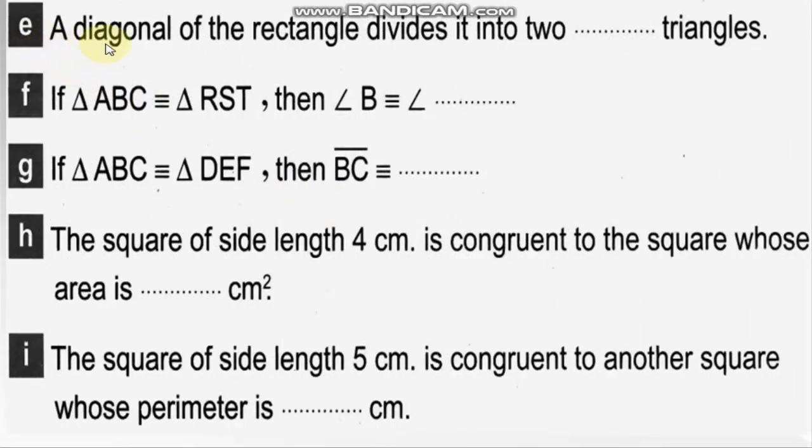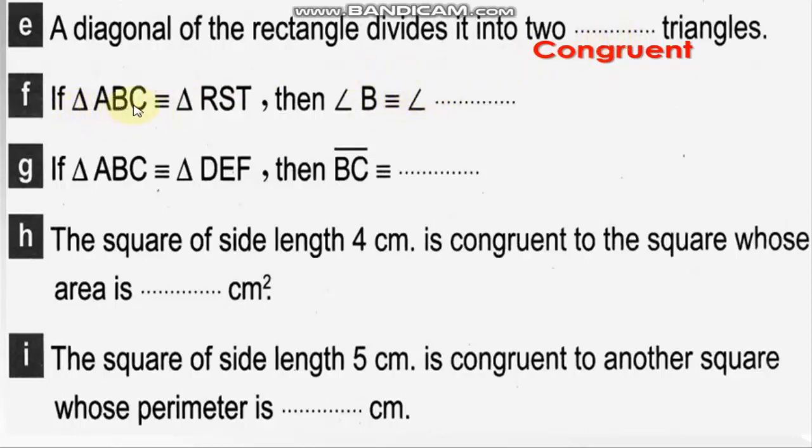Letter E. A diagonal of the rectangle divides it into two congruent triangles. If we have here a rectangle and the diagonal which connects between the points, it divides the rectangle into two congruent triangles.